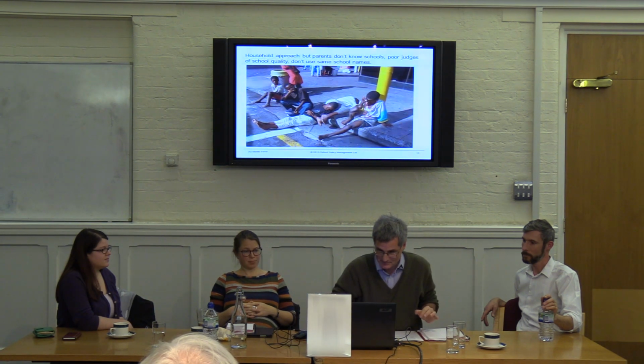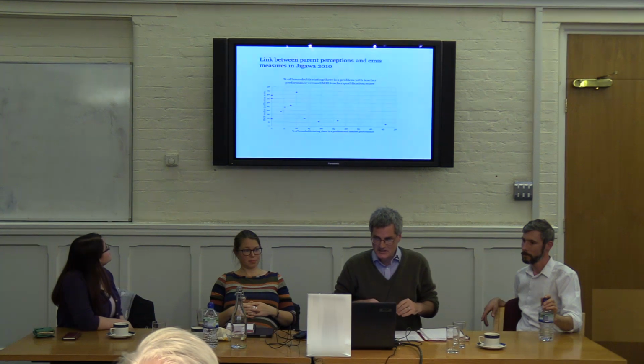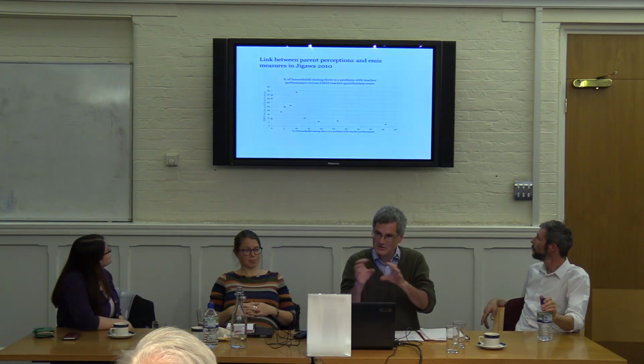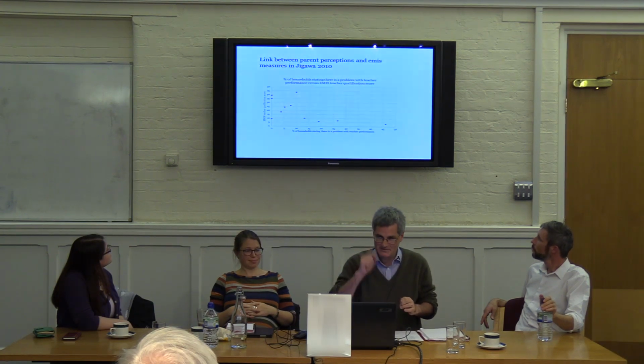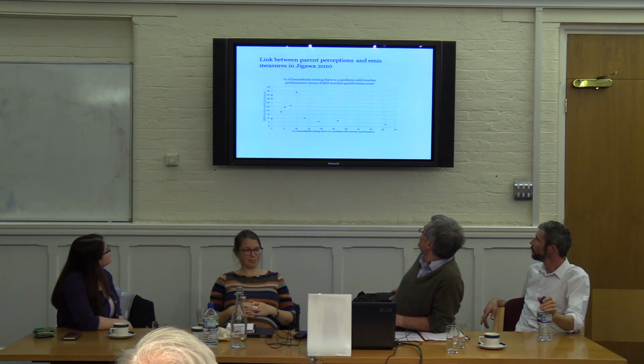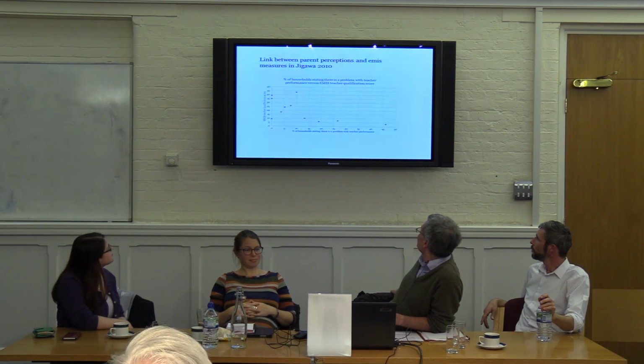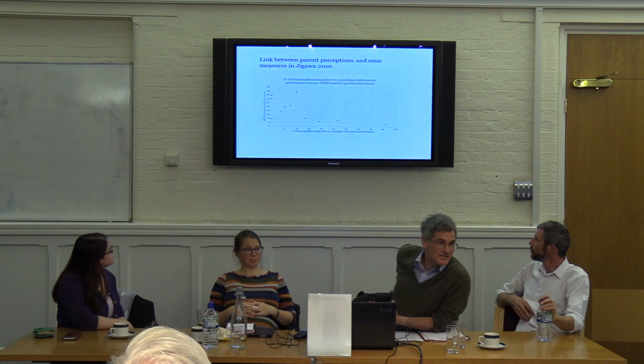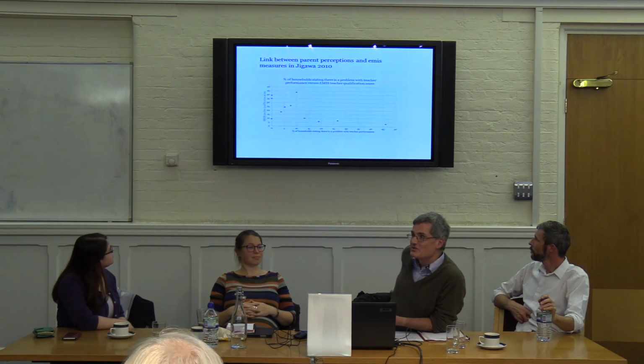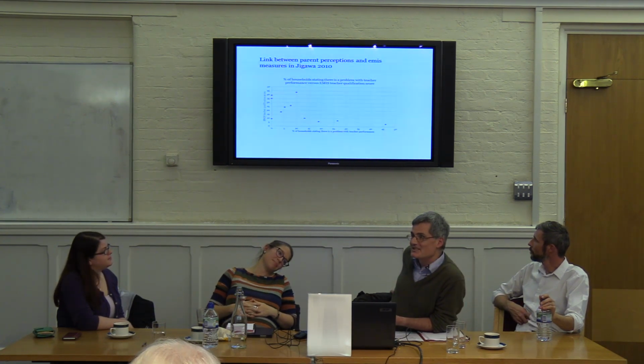administrative lists? So this is for the schools which we could link in this particular Nigerian household survey. This is a comparison of parental perceptions of teacher quality and school records on teacher qualifications.